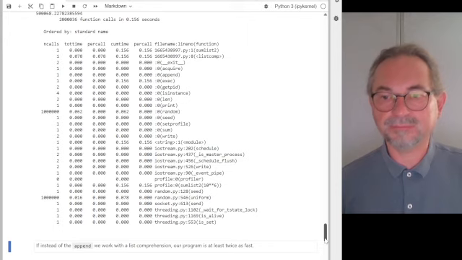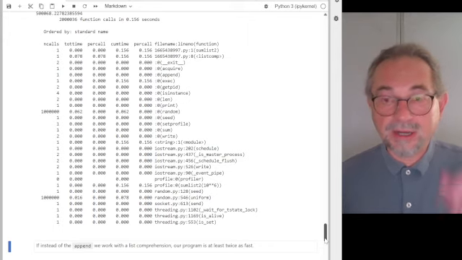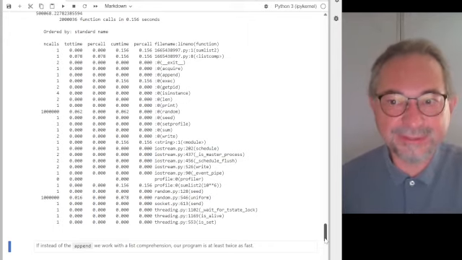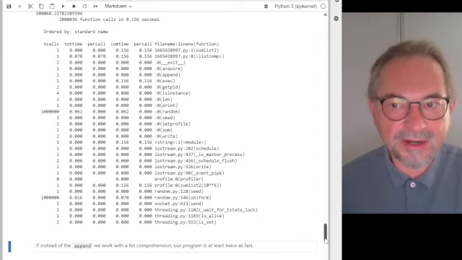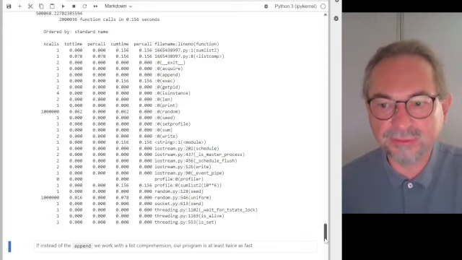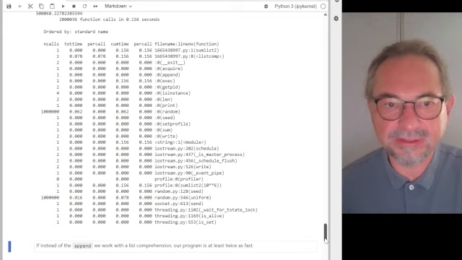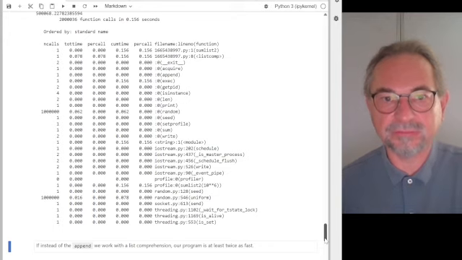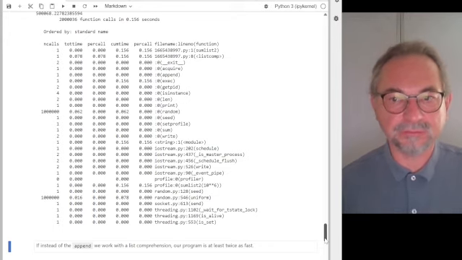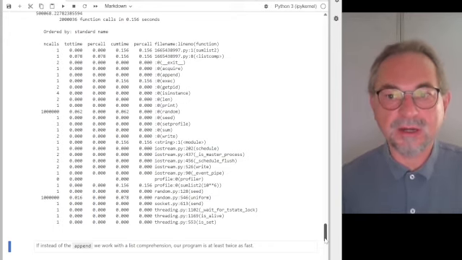Okay, I was improvising a little bit, but I hope that you have at least some idea on how to measure the efficiency or the cost of the programs.